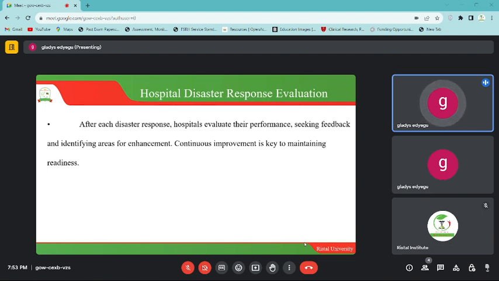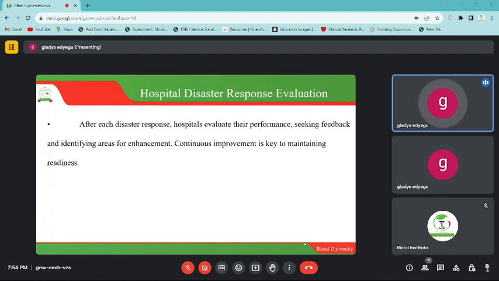If you continue doing this, it will also help you to address some of the weak areas, and you'll be able to address some of the maybe resources that you didn't have. You'll be able to lobby for them, and you'll be able to actually improve on your ways of responding to disaster. So hospital disaster response evaluation is very good for us to actually have continuous improvement in our readiness maintenance, or maintaining our readiness in different hospitals.